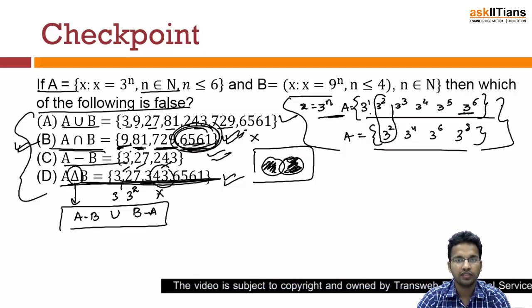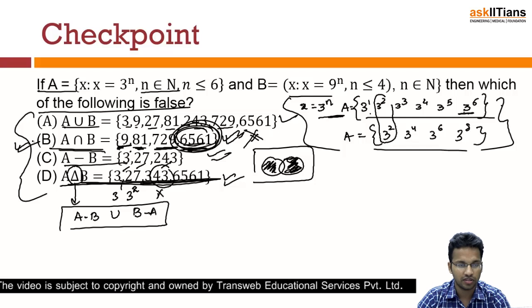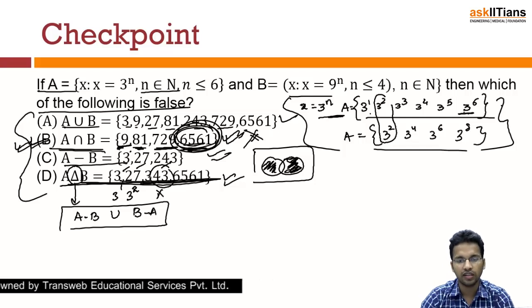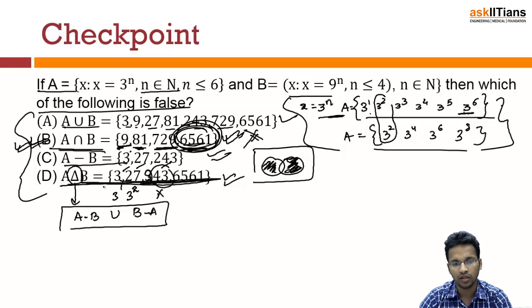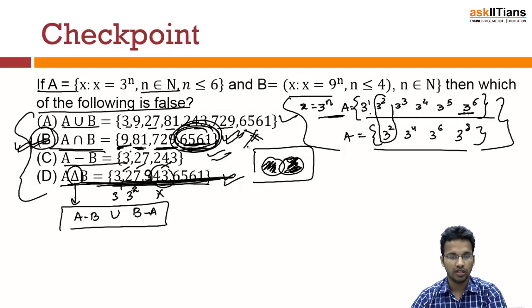So this is basically wrong, this B part. And here I was thinking, yeah, it should be misprinted. It's a 2, 4, 3. So symmetric difference will have all the odd powers. So yeah, this will be the wrong answer, B. Basically, this is not common in both. This is 3 raised to power 8, which is not present in all the options.